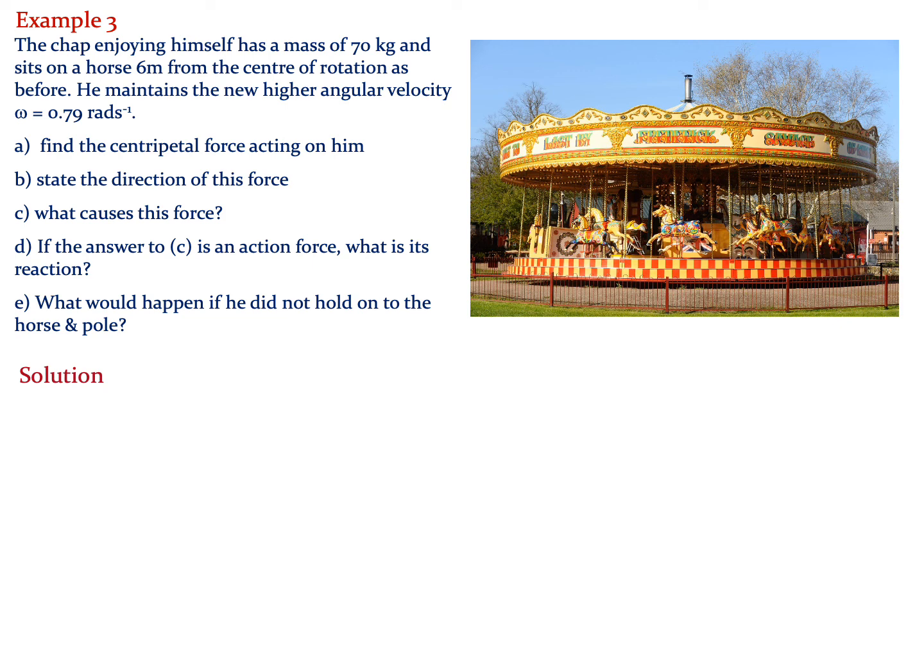We are given his radius of rotation, 6 meters, and we're given his angular velocity omega. So it looks like F equals m omega squared r is the best option. So let's use that, put in our numbers, and we find that his centripetal force is 262 newtons.